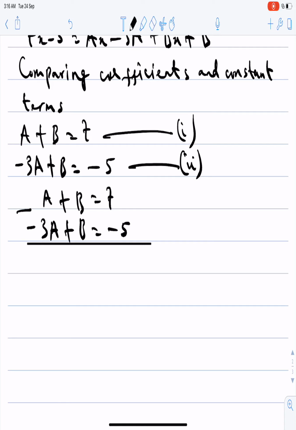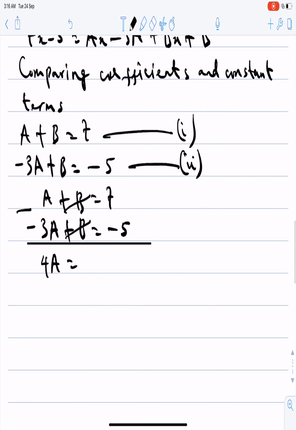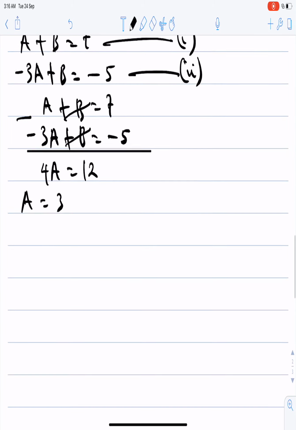And that means a minus minus 3a is 4a. B minus b is 0, so that will be out. 7 minus minus 5 is 12. And that means a equals 3.